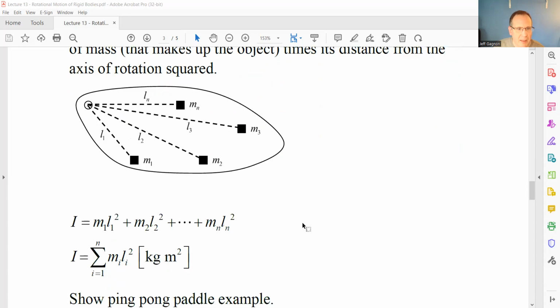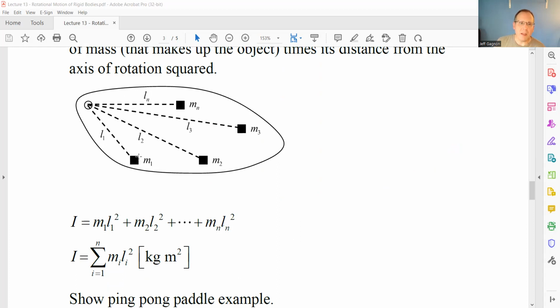Well, let's say we have this object, right? So here's my object, this blob right here. So this is some rigid body, right? It's made up of a bunch of particles here. And each of those particles you can think of as having a mass. So I just drew a few of them here, but this is M1, mass 1, mass 2, mass 3, all the way up to mass n. But think of the whole thing being filled with all these little particles.